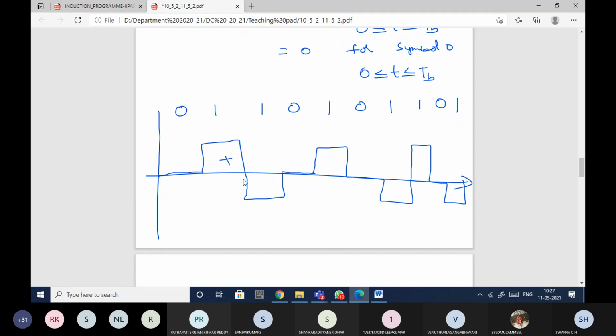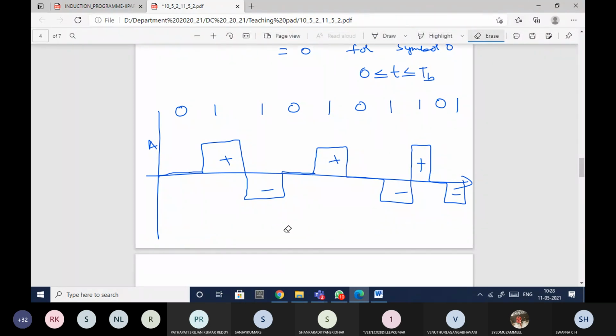I've started with positive. You can start with negative also. In the question itself, they'll give you whether you have to start with positive or negative. If they don't mention it, you can just start with positive, the first one with a positive amplitude. If I take negative first, it will be the opposite of this.